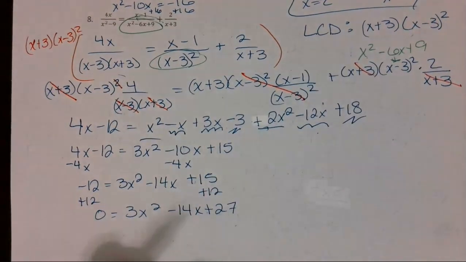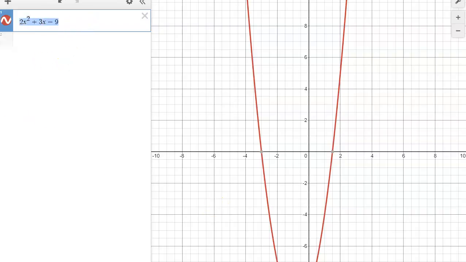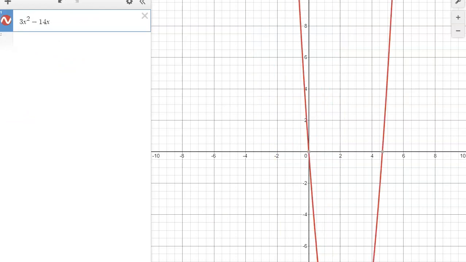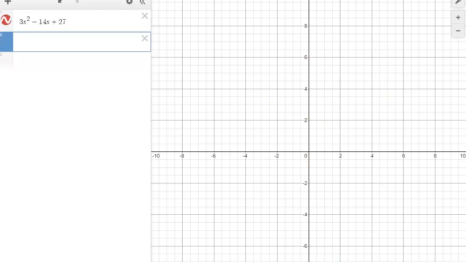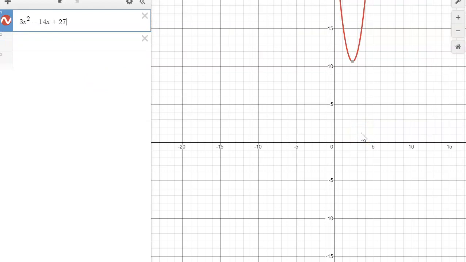Okay, and I'm going to go graph this to see what my answer is for my possible x values. I have done something wrong. I see what I did wrong.